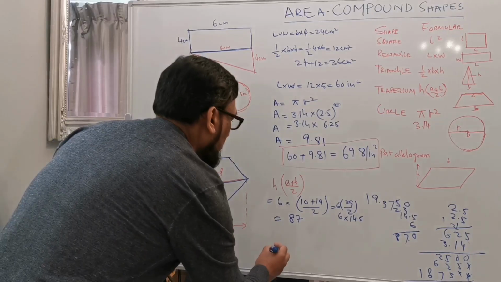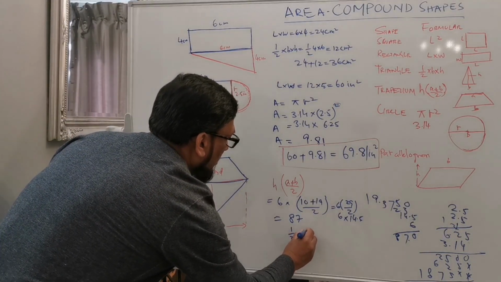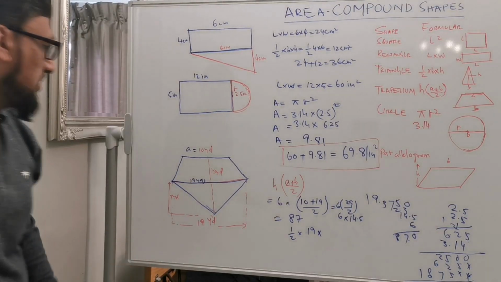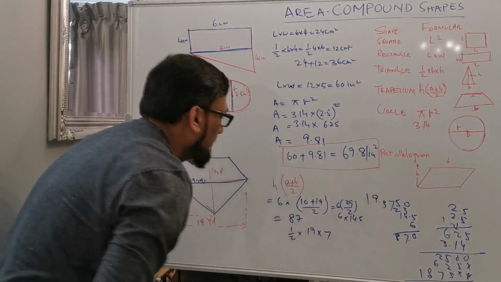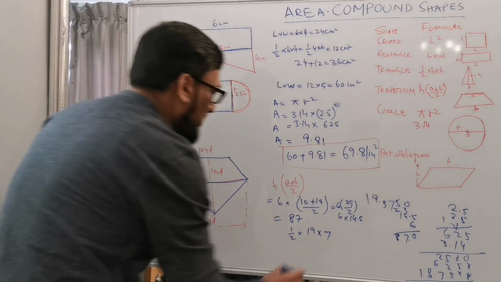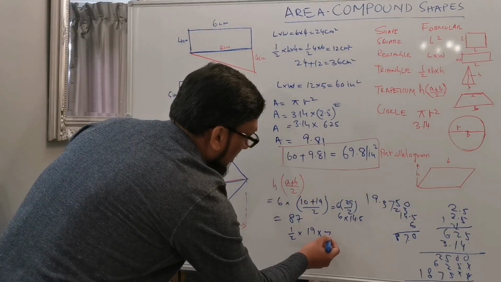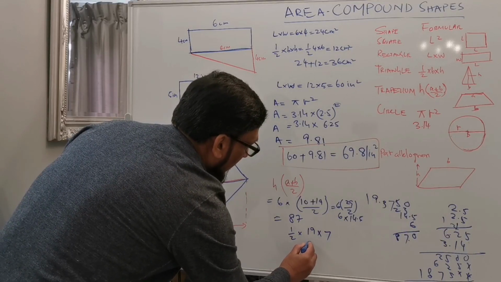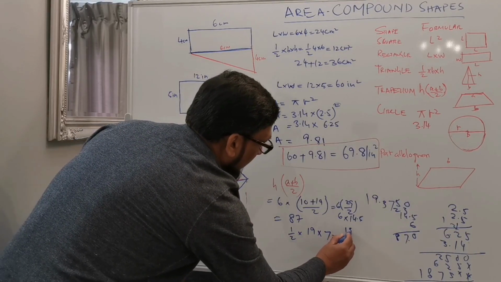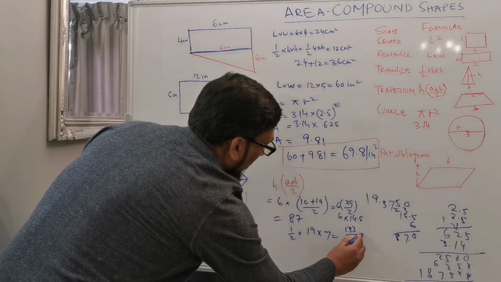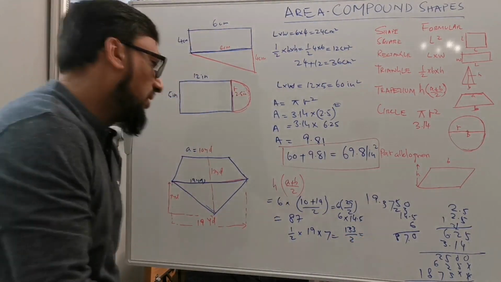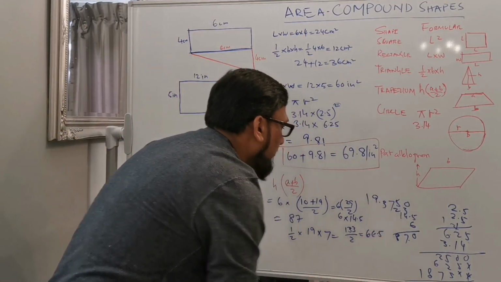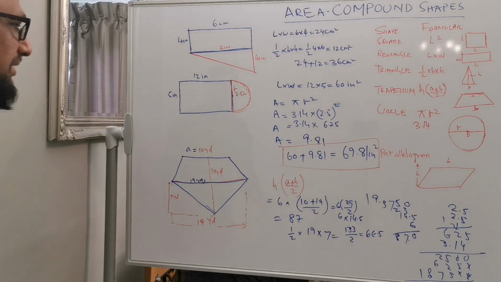So what you do, simply half times 19 times 7. 19 times 7 is 133, and half of 133, half of 130 is 65, so it means 66.5.